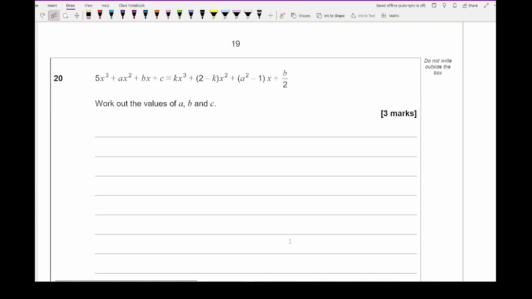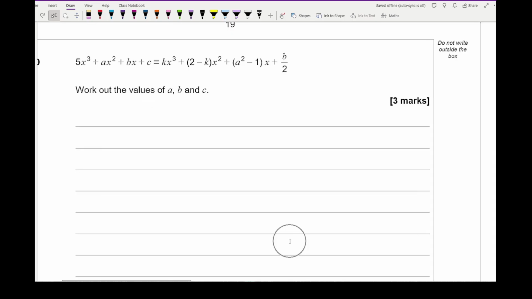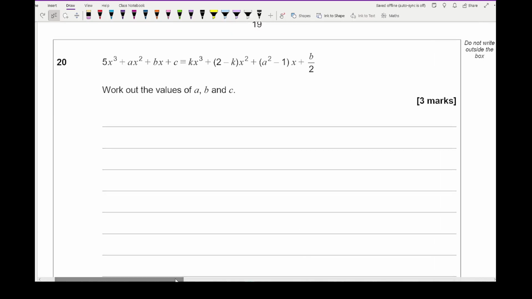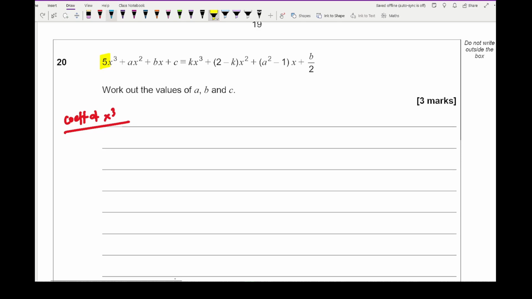Moving on to question 20, it says work out the values of A, B and C. Now this question refers to comparing the coefficients. So if I look at comparing the coefficients of x cubed, well, I've got 5 on the left hand side, and on the right hand side I've got k.